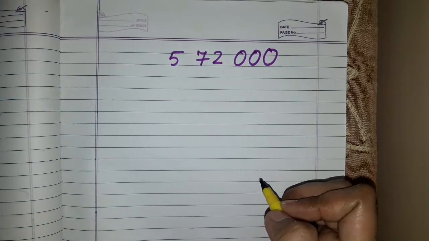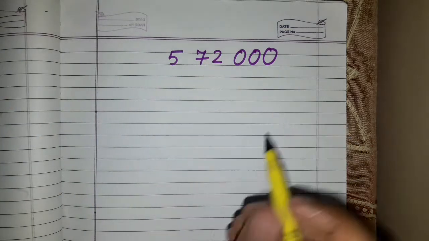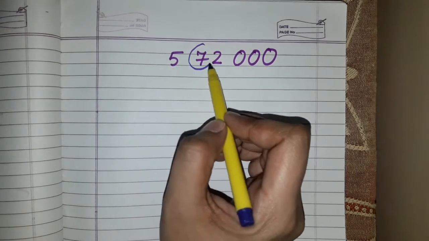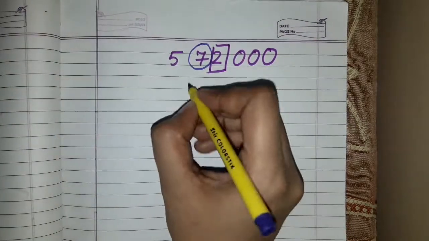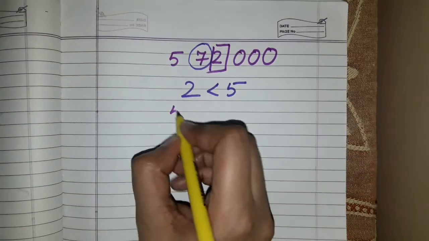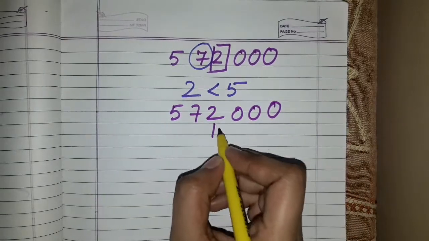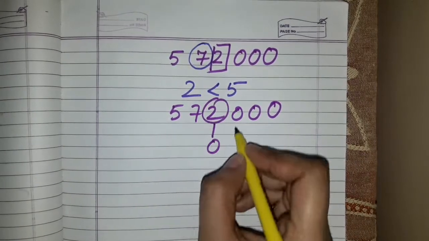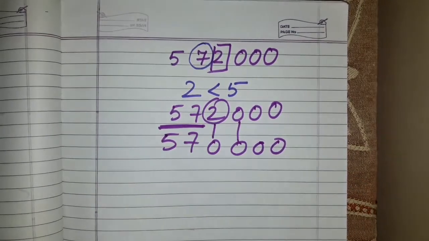Now what we will do in this case, suppose I have to round off this number to the nearest 10,000 place. Then I will look at the digit which is on the right hand side. 2 is the number. Now 2 again we know is less than 5. So what will happen? This digit will become 0. The others are already 0 and this part will remain the same.